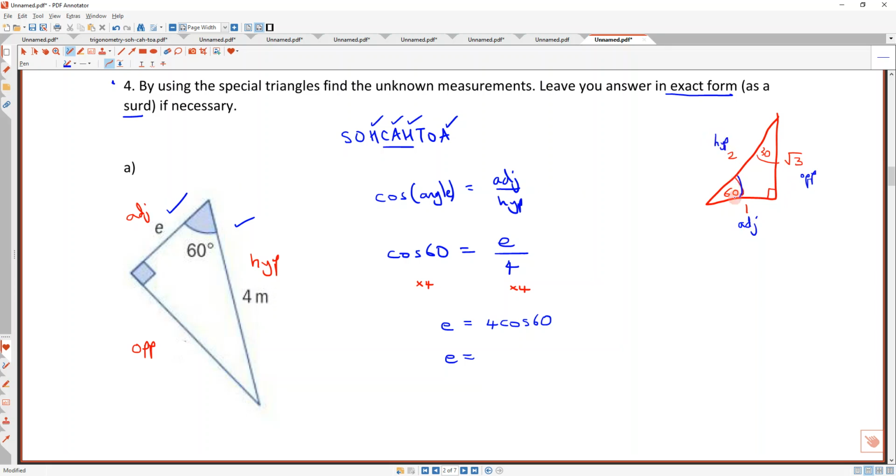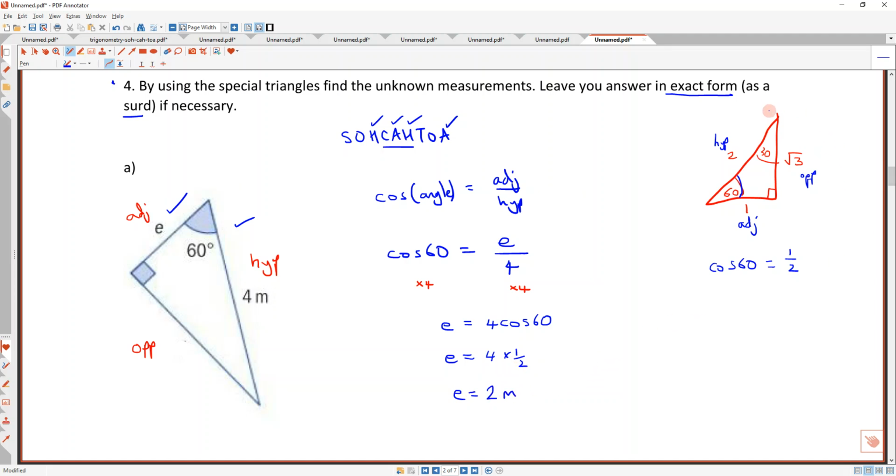Cos of 60 is adjacent over hypotenuse. So I'll just write that down. Cos of 60 is equal to 1 over 2, which becomes quite nice actually. So I've got 4 multiplied by a half. 4 multiplied by a half is 2. So E is equal to 2.